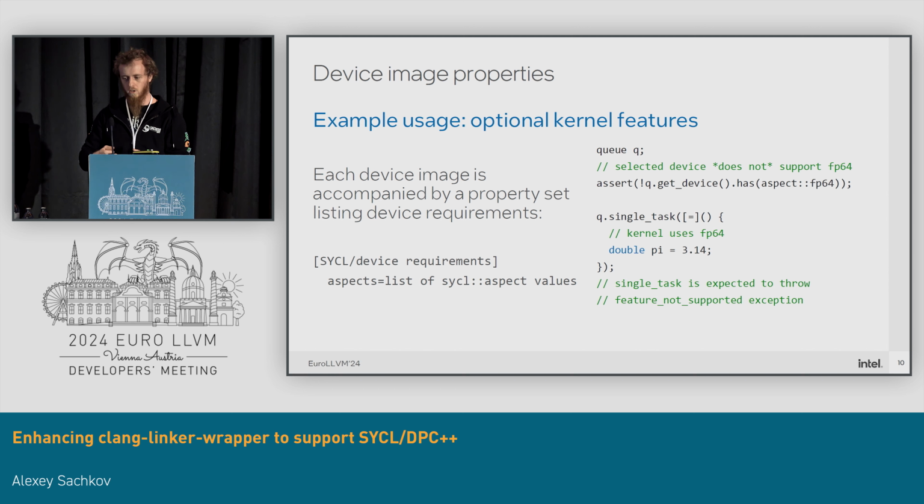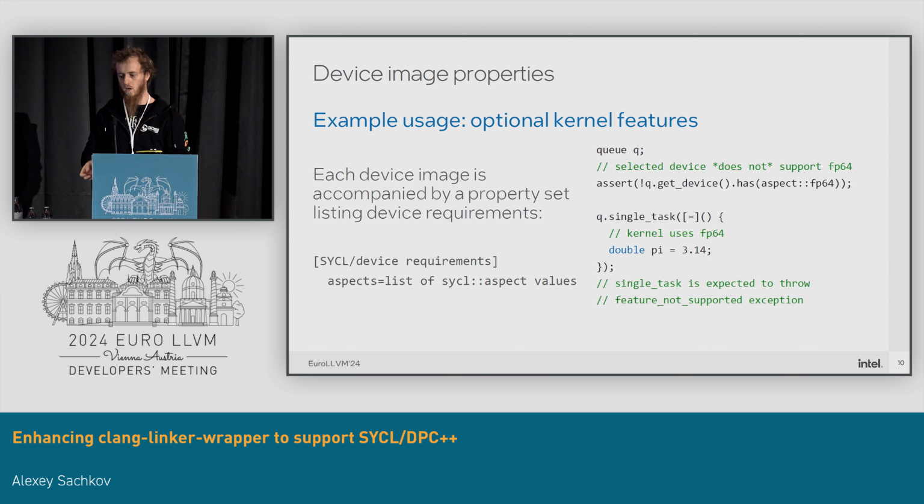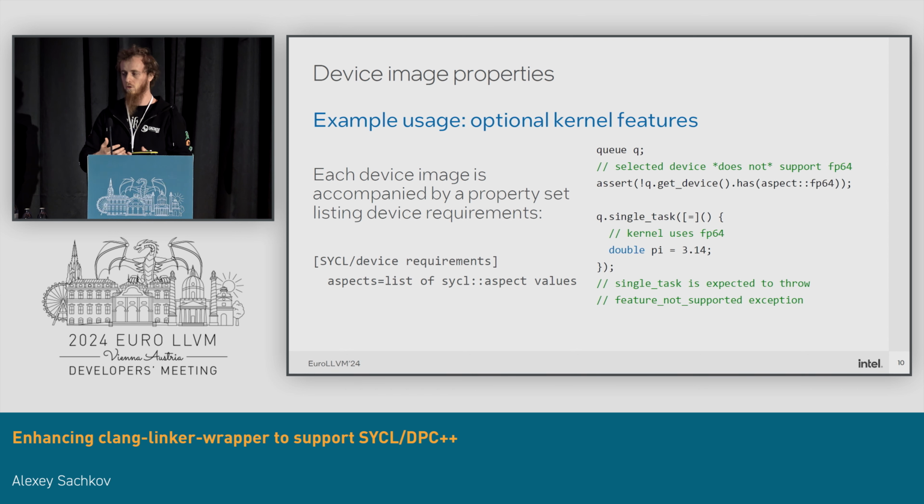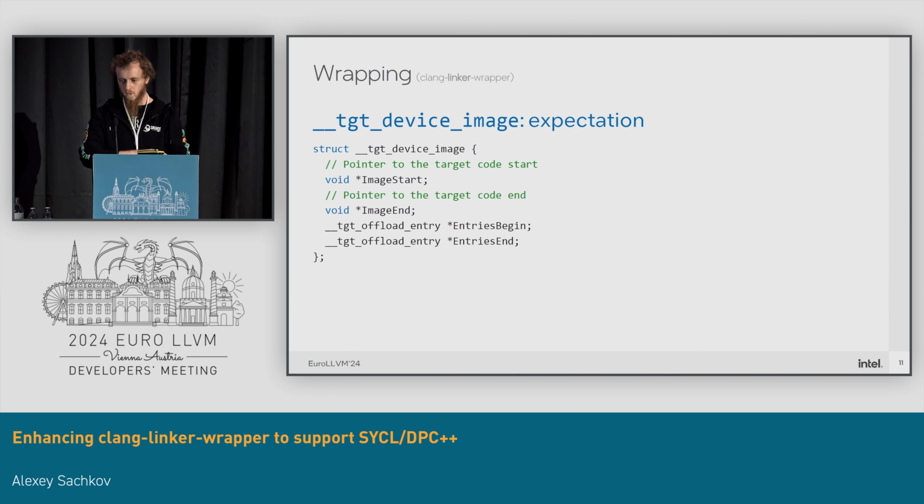To do that without relying on parsing error logs from JIT compilation from a third-party backend, we instead have a pass which analyzes use of optional kernel features in all the kernels and records that information in a property set for us. So at runtime, we can simply compare what this kernel uses and what the device supports, and throw an exception if needed.